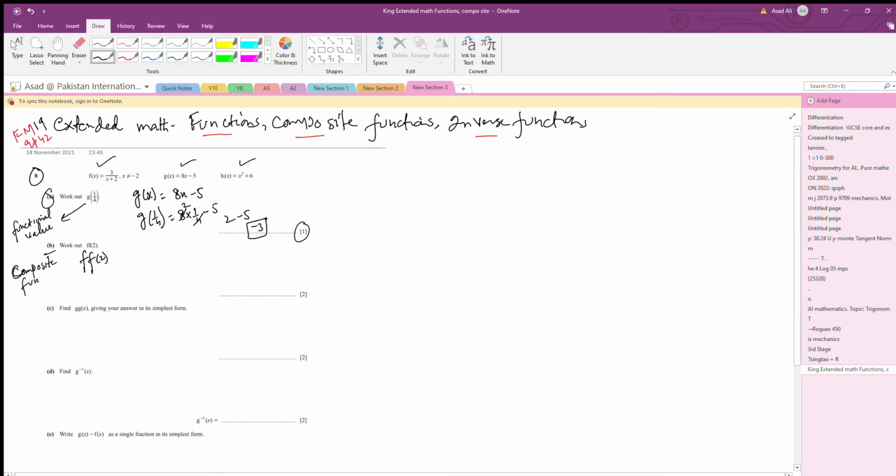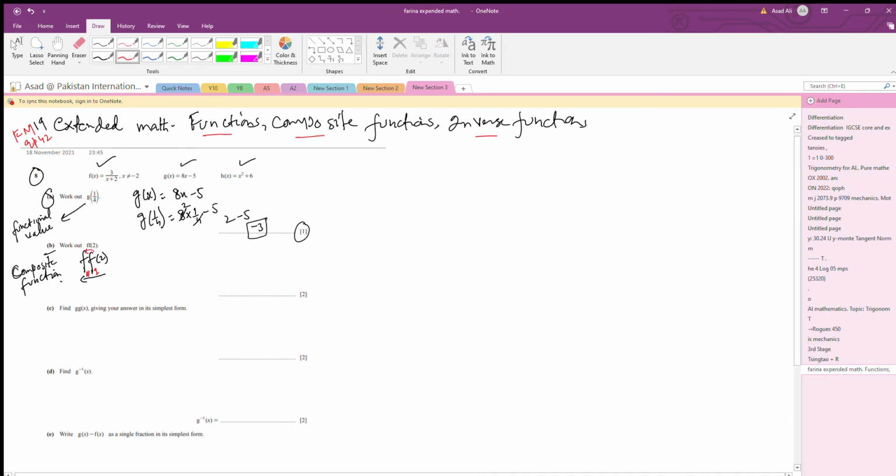I'm always telling my students that you have to start from the right. First function is f, then the second function is again f, so you input the result into the second function.